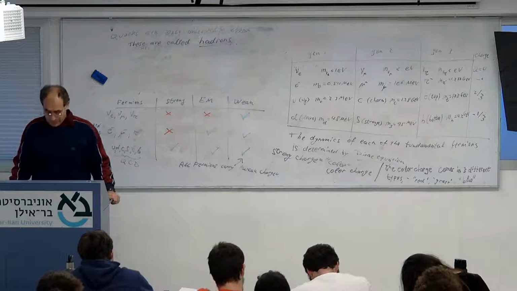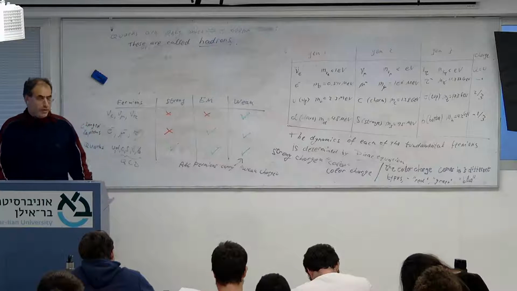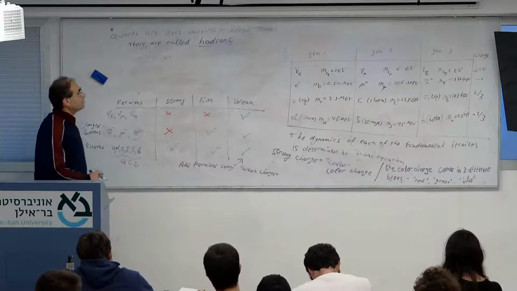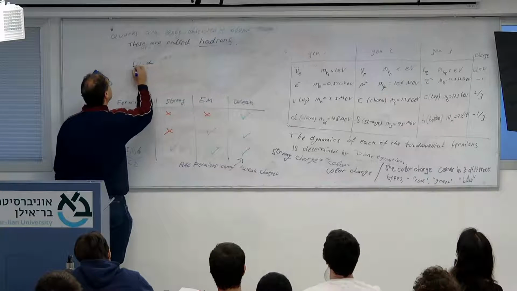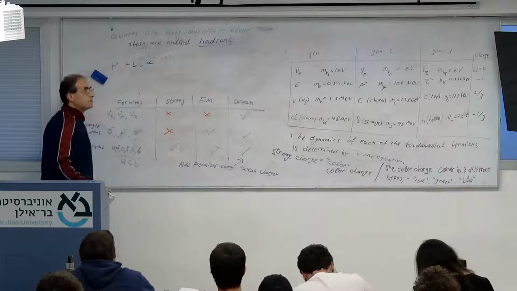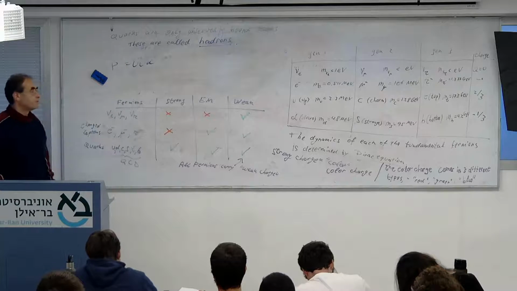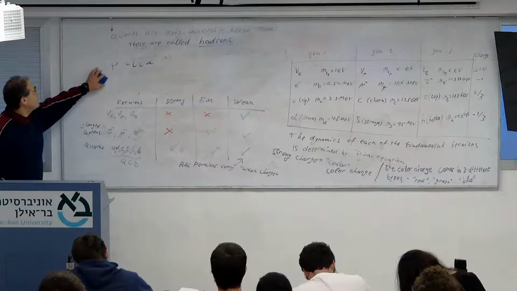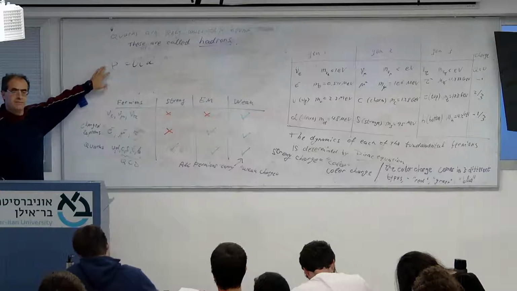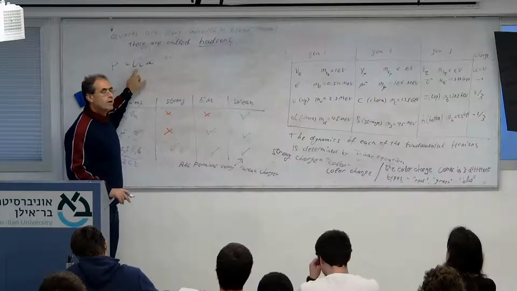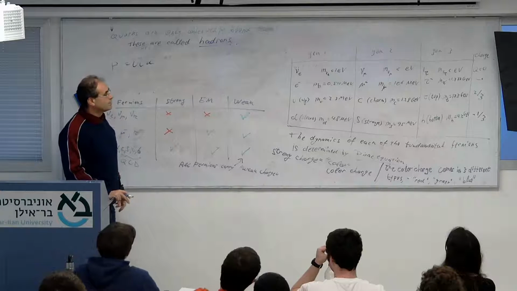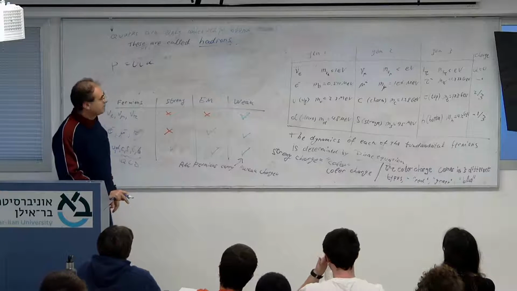So these are known as hadrons. For example, what do you get when you take 2 up quarks and 1 down quark? We call this a proton. The total charge is 1 plus 1, right?